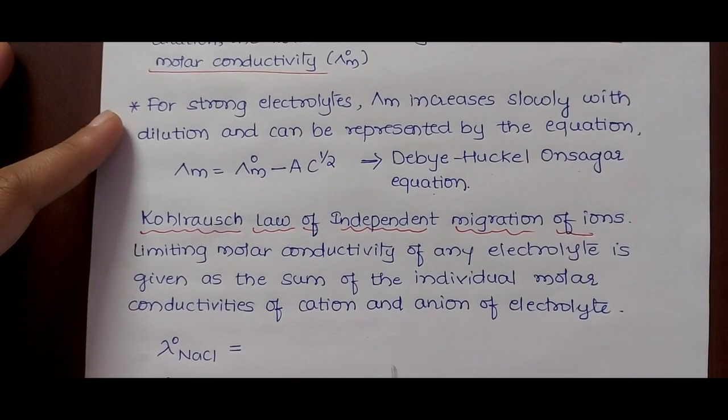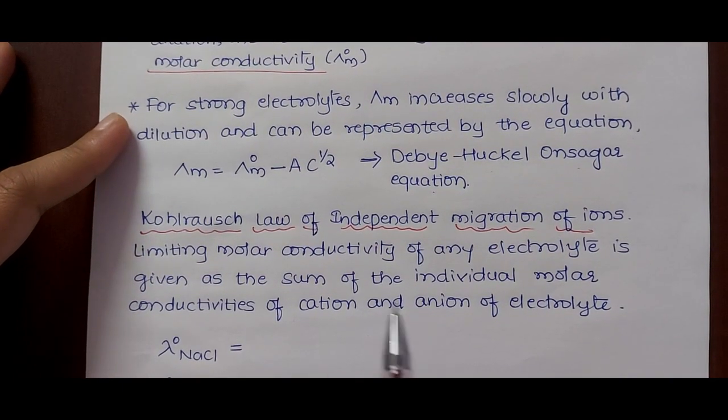To determine the limiting molar conductivity of either a strong electrolyte or a weak electrolyte, we study a law called Kohlrausch law of independent migration of ions. The limiting molar conductivity of any electrolyte is given as the sum of the individual molar conductivities of the cation and anion of the electrolyte.